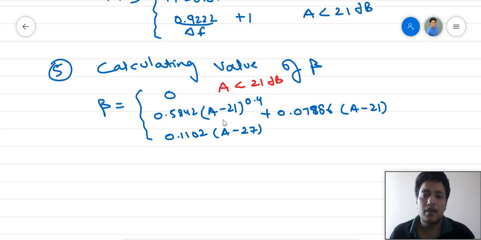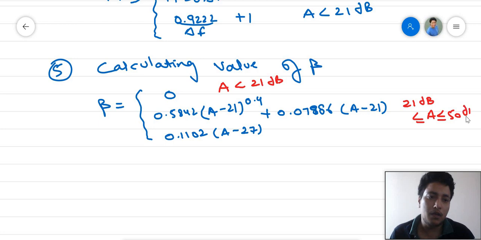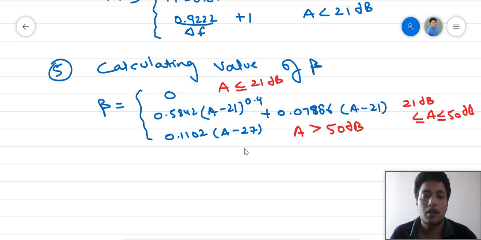Beta will be equal to 0.5842 (A minus 21) to the power 0.4 plus 0.07886 (A minus 21) for A in between 21 dB to 50 dB, and for this case 0.1102 (A minus 8.7) is valid when A is greater than 50 dB. So this is point 5.